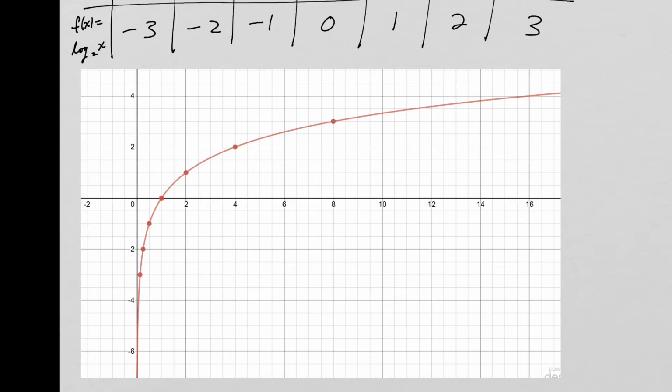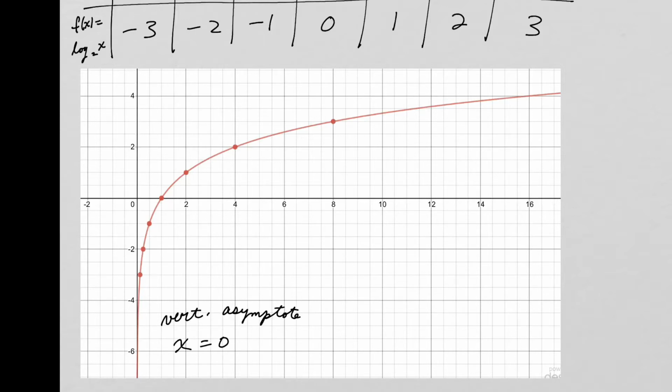So the first thing is that there is a vertical asymptote. And it's basically the y-axis, right? So it has the equation, the vertical line is x is equal to 0.